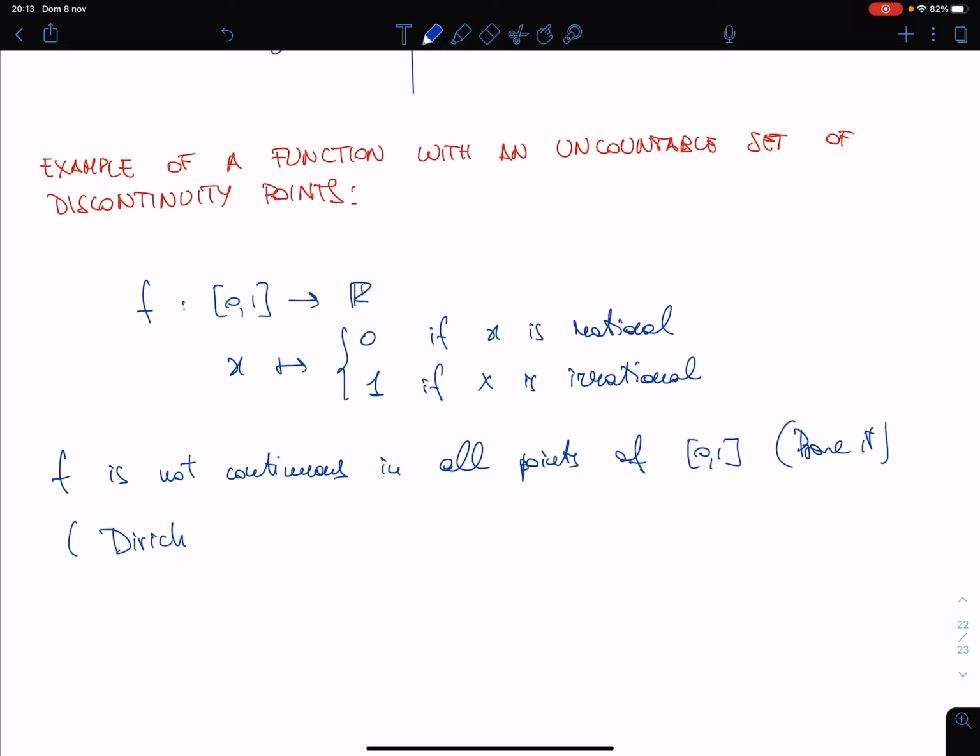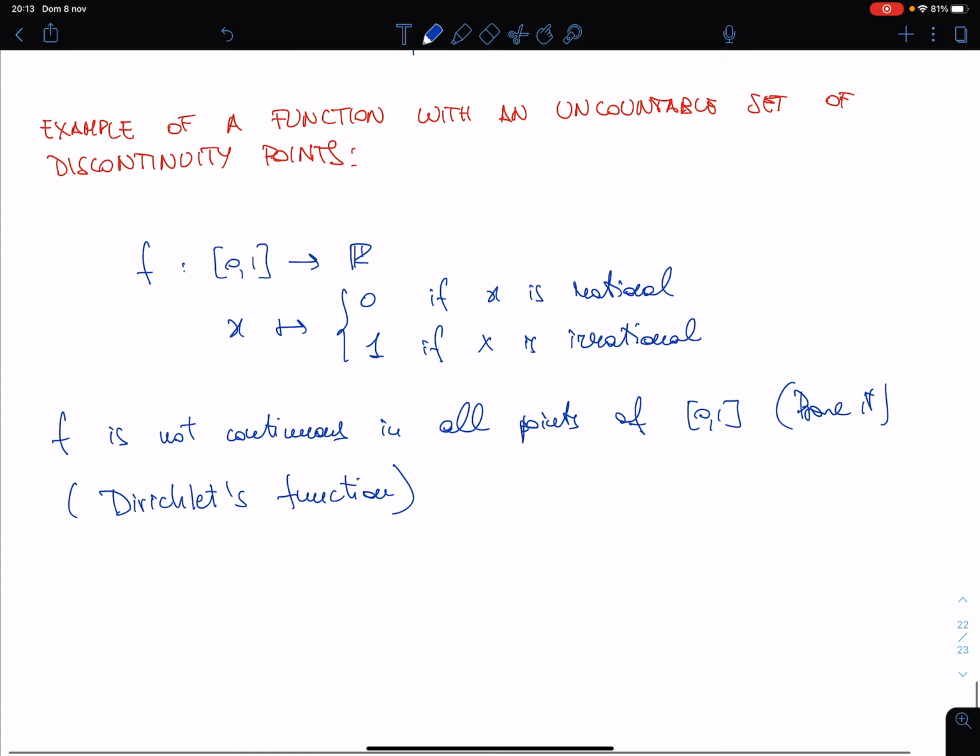Some people say Dirichlet, but it was German, so probably the correct pronunciation is Dirichlet. So this is the Dirichlet function. And so it has an uncountable set of discontinuities, because all points in the interval 0, 1 are discontinuity points, and 0, 1 is an uncountable set.